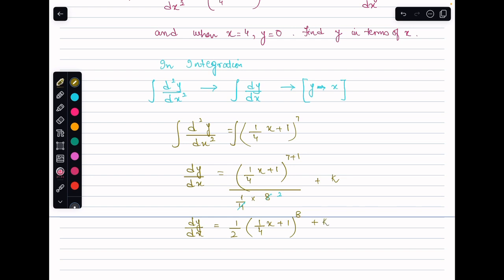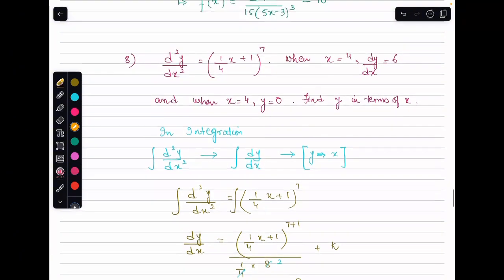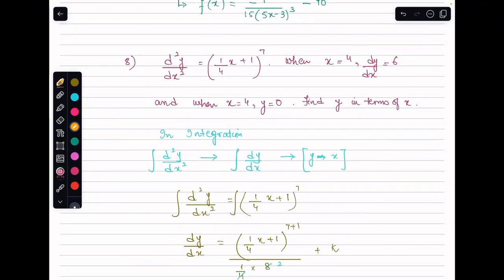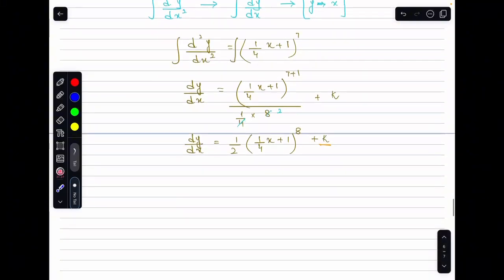To find this value of k, they have given us the condition: when our x is 4, our gradient value dy by dx equals 6. X equals 4, our dy by dx value is 6.